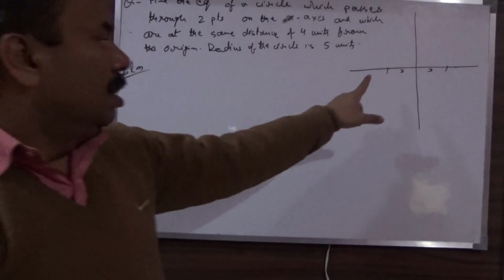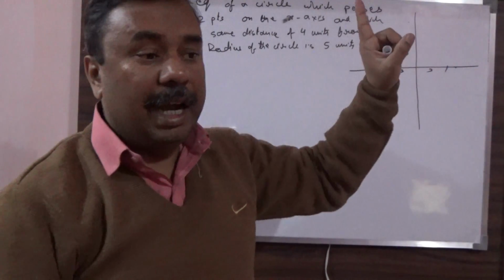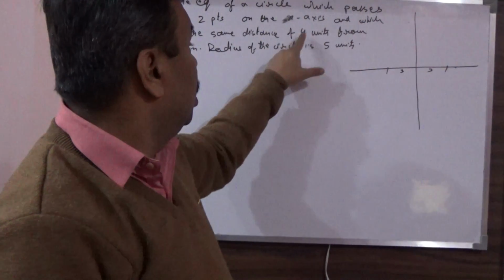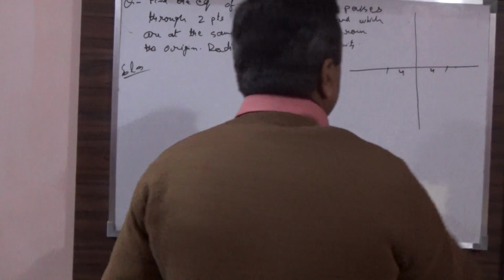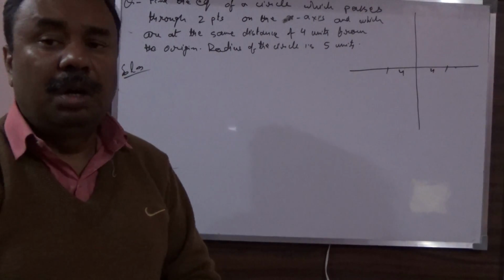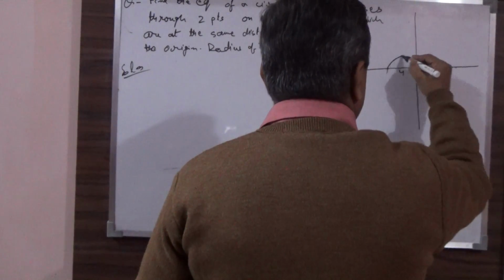The circle is passing through these 2 points on the x-axis, and they are at the same distance of 4 units, not 3, it is 4 units, from the origin. That means the circle is like this.